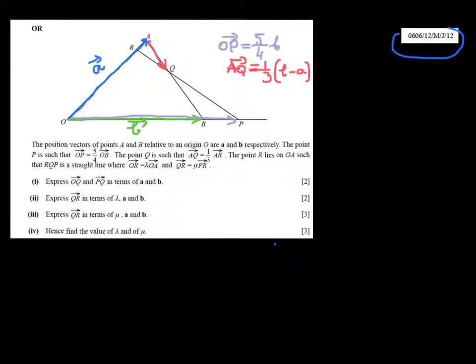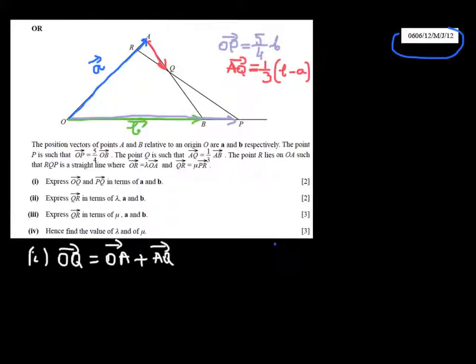So my first question is to find OQ and PQ in terms of A and B. OQ: to go from O to Q, I can go from O to A. See how easy it is now when I have colored on the diagram the vectors that I know.